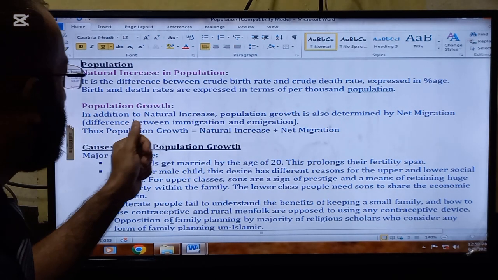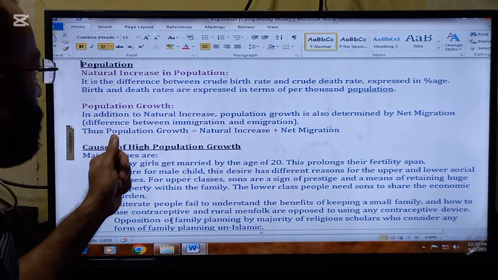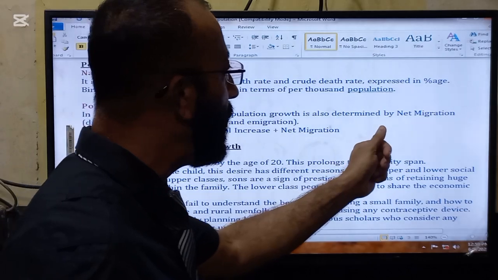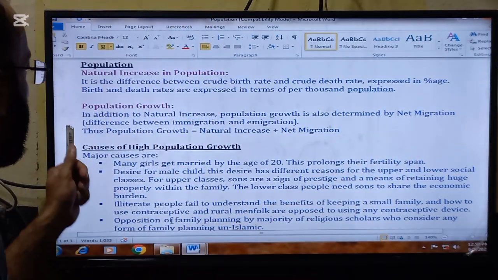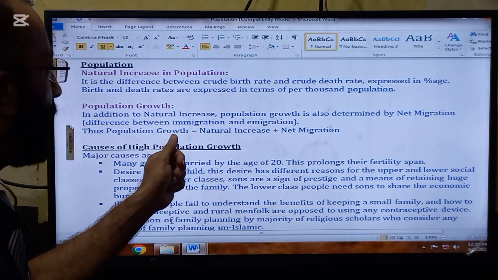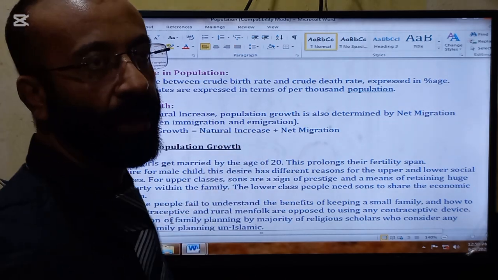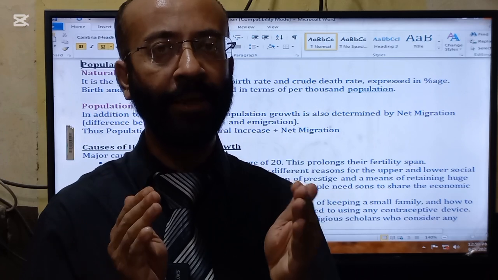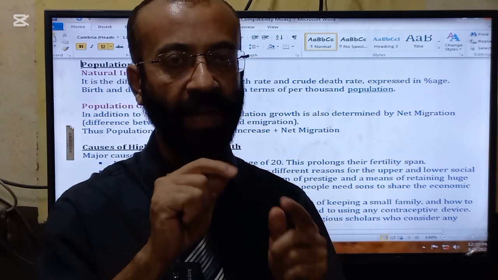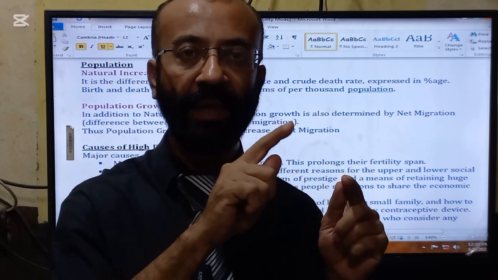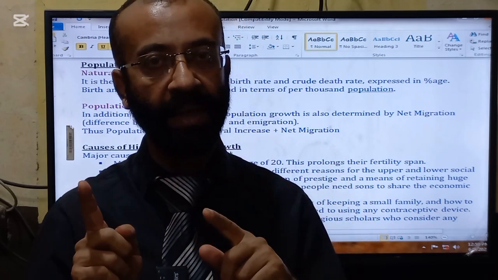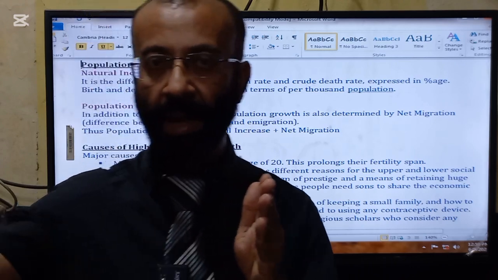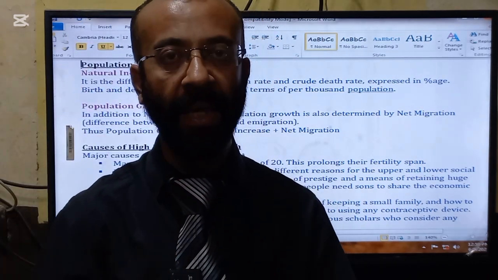Next thing is population growth. In addition to natural increase, population growth is also determined by net migration. That is actually the difference between immigration and emigration. So the total growth in the population at any place of the world is the sum of the natural increase, that is the difference between births and deaths, and the persons going out and coming into the area.